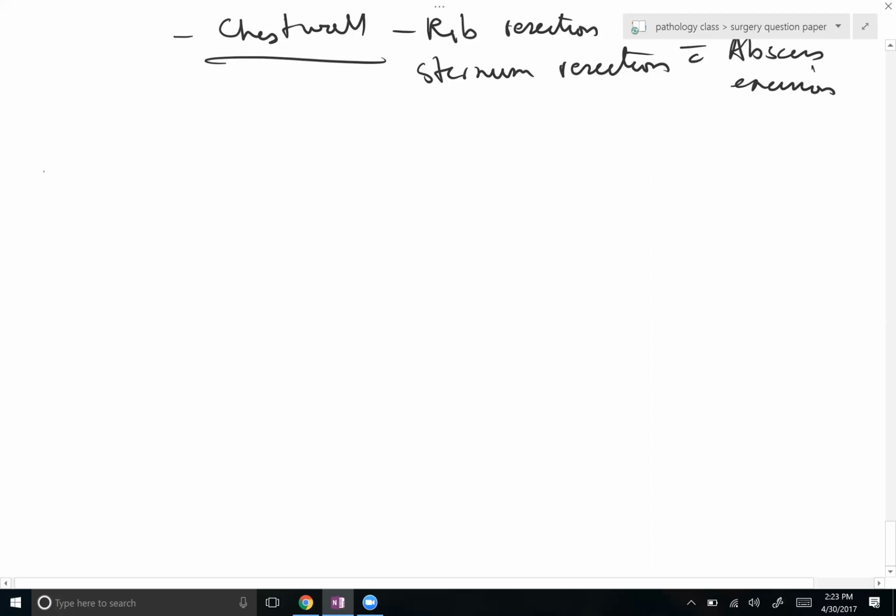Next one is TPN complications. That is total parenteral nutrition. PN is parenteral nutrition. Now, complications of this.